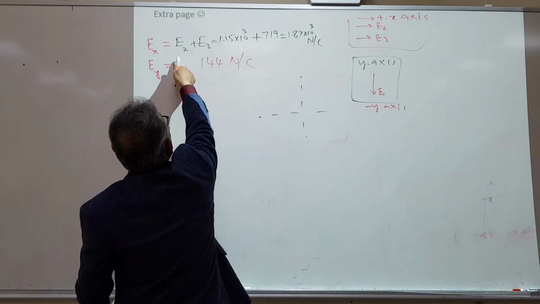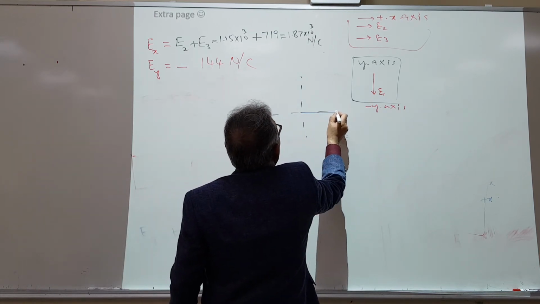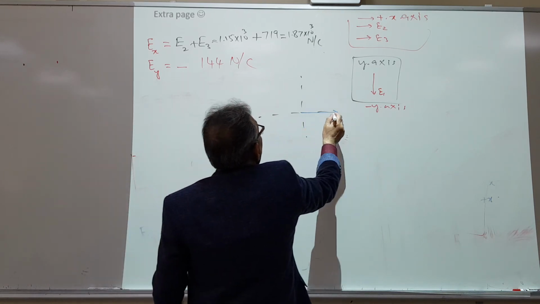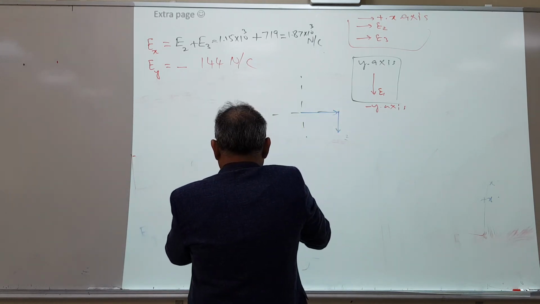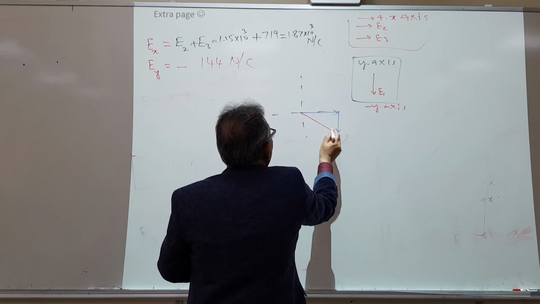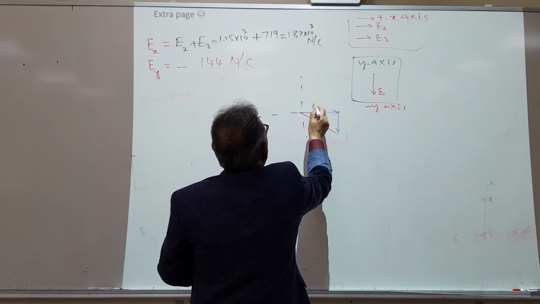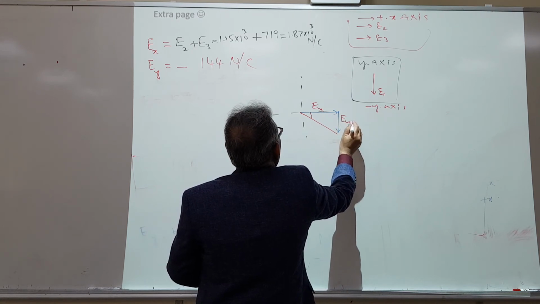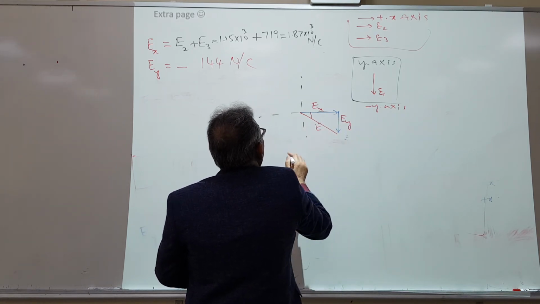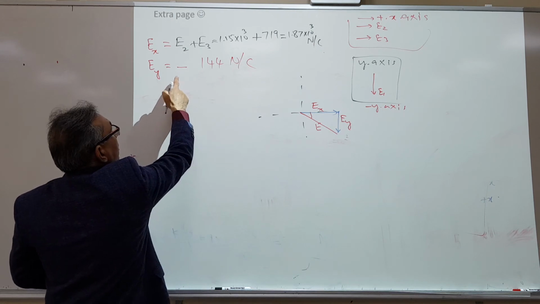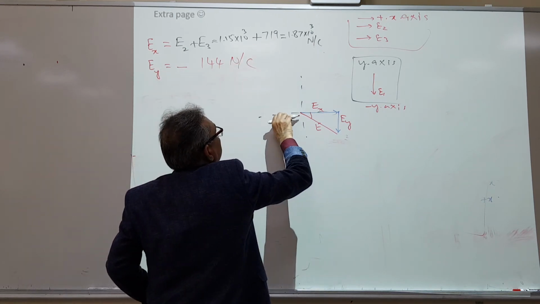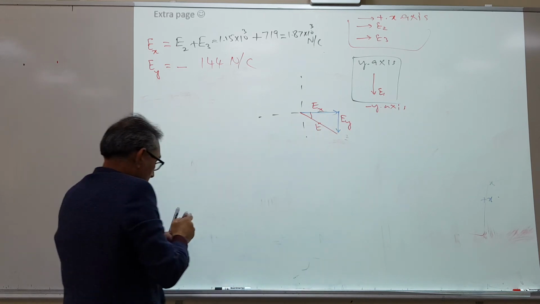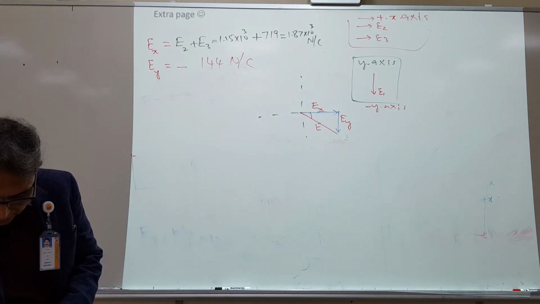Once you have the x component of the resultant positive and the y component negative, you have Ex, Ey, and this is E resultant. According to this data, Ex is positive, I take this positive. Ey is negative, I take the negative.